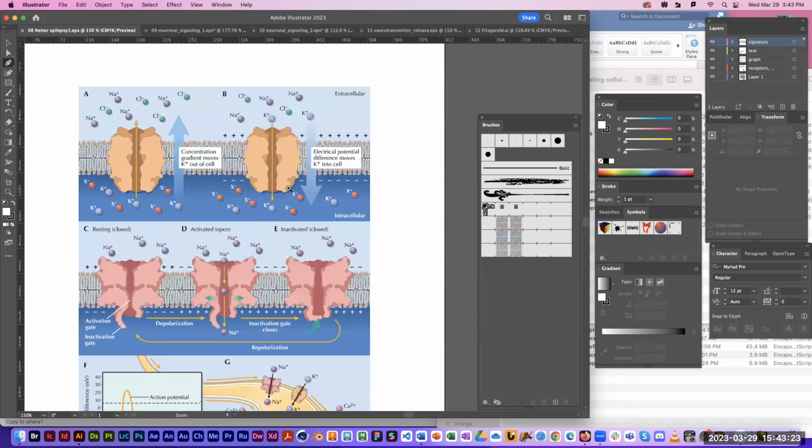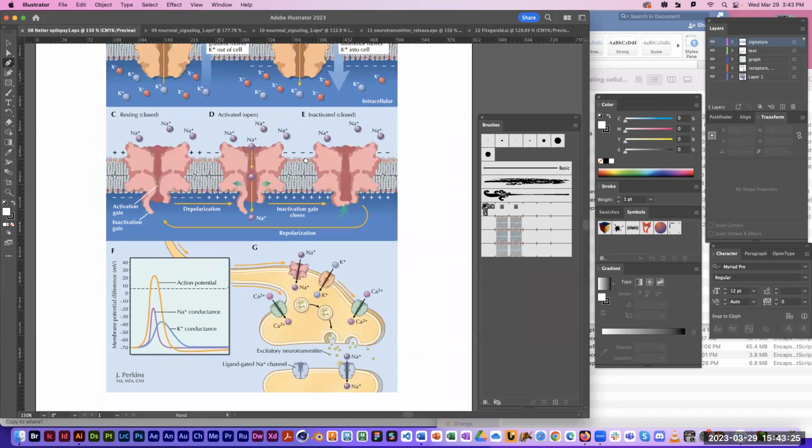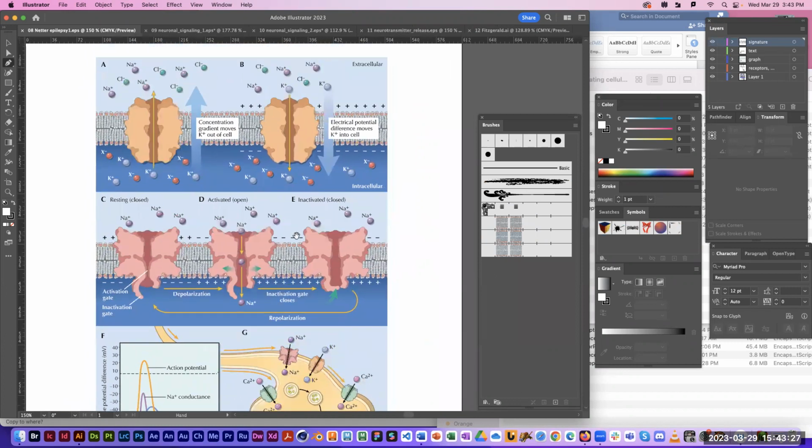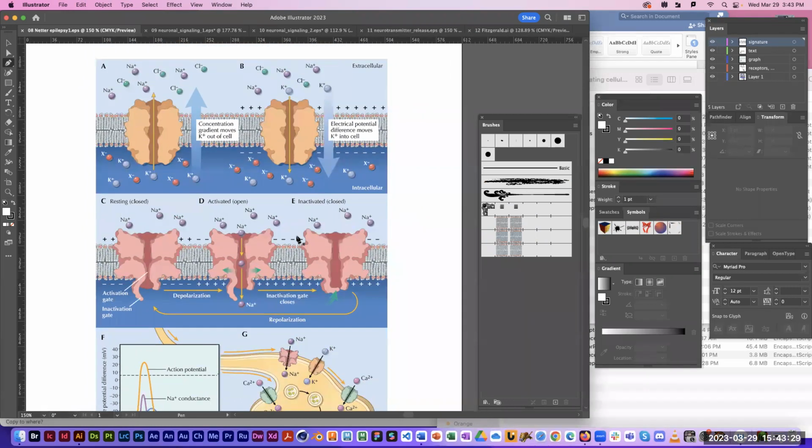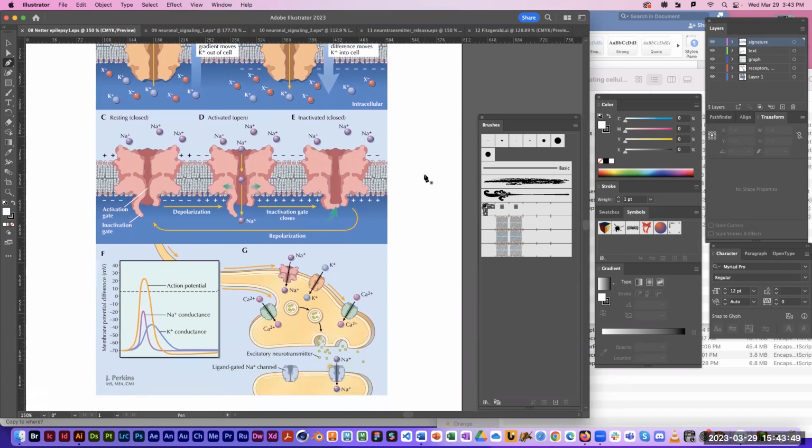Another example, this one's probably close to 10 years old now too. This is also for Netter's Illustrated Pharmacology, just showing some channel proteins that allow molecules to move passively along their concentration gradient.